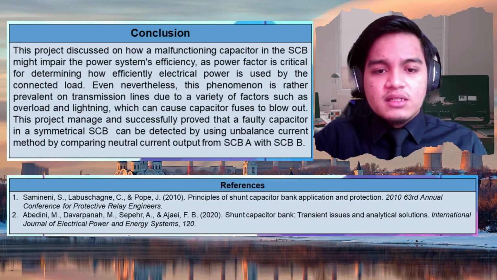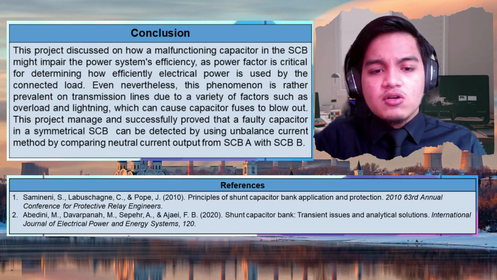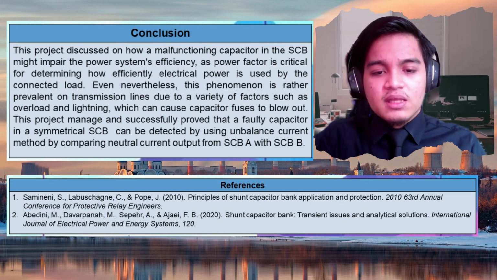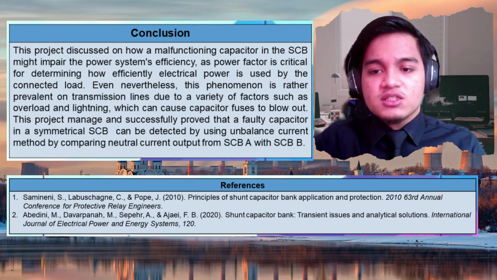According to the study findings, if the current difference is equal to 0, there is no capacitor problem in the SCB. The findings demonstrate that if the neutral current varies between phases, it will alter the calculation, resulting in a current difference greater than 0, indicating that one of the capacitors in the shunt capacitor bank is damaged.